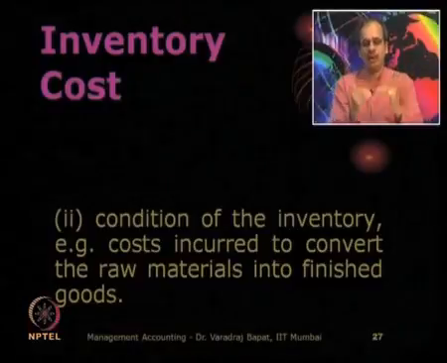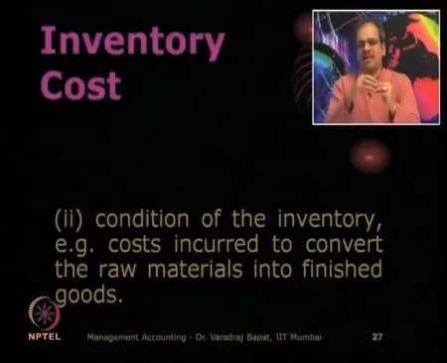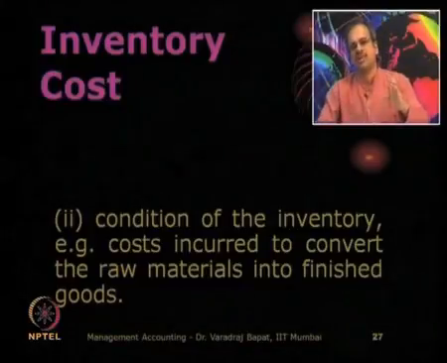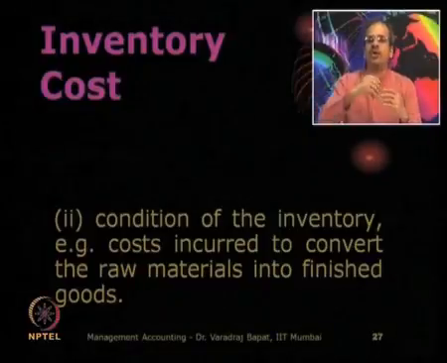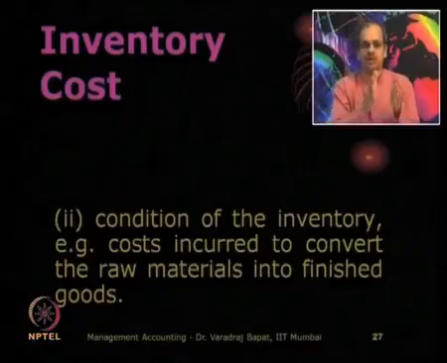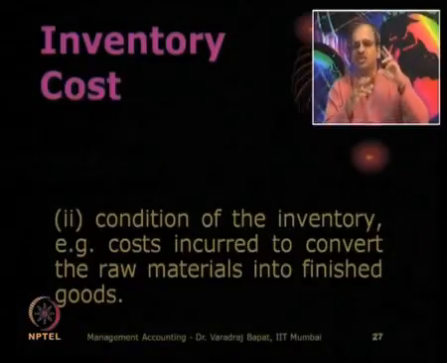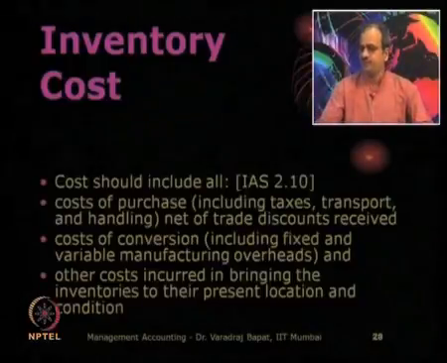So, let us say I have purchased the raw material at 4,000, I have paid 500 for freight. So, the cost of raw material was 4,500. I have incurred 10,000 on it to convert it into finished goods. So, 4,500 plus 10,000, the cost of finished goods inventory will become 14,500.